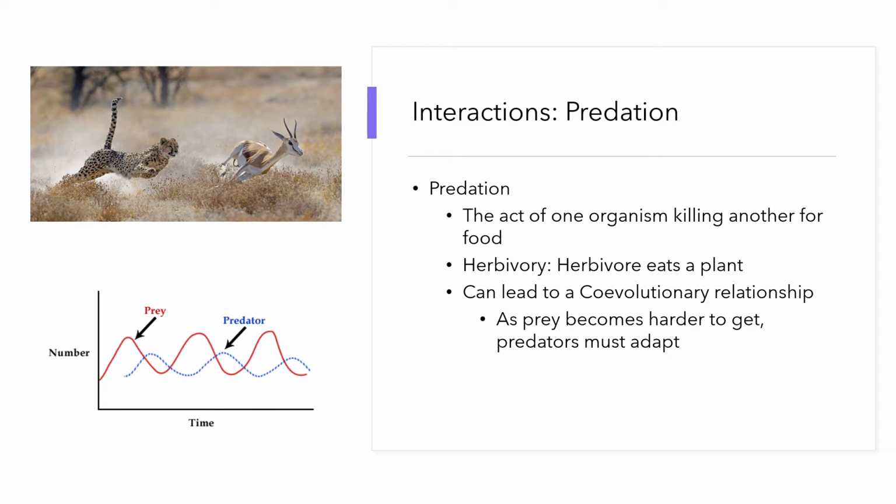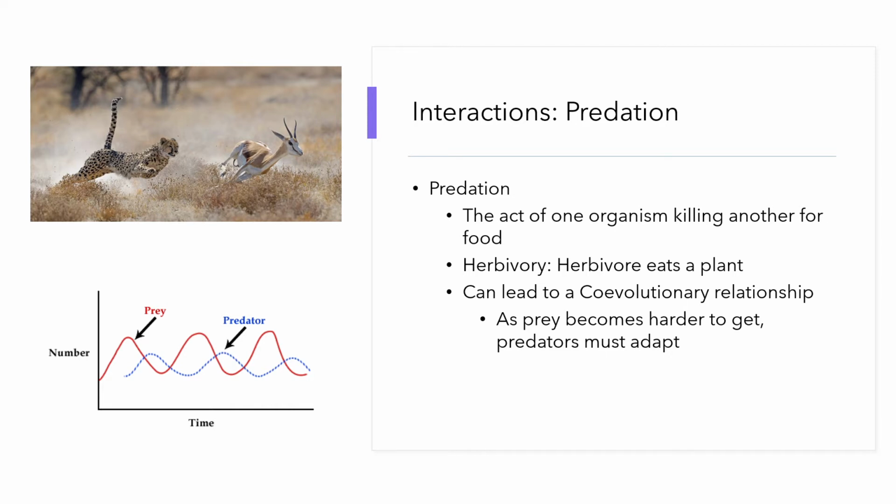They have to become faster. They have to be able to distinguish between leaves and the prey. They have to become smarter. That's the coevolutionary relationship. As one thing changes, the other thing has to change as well. They have to be in sync with each other.